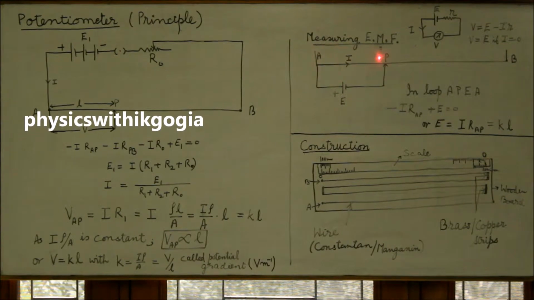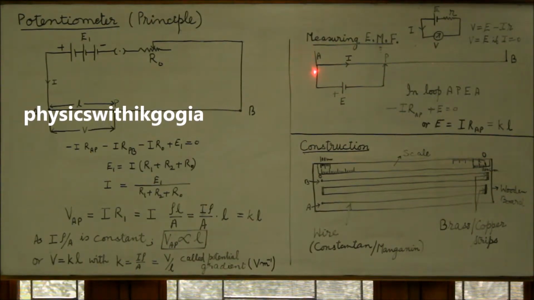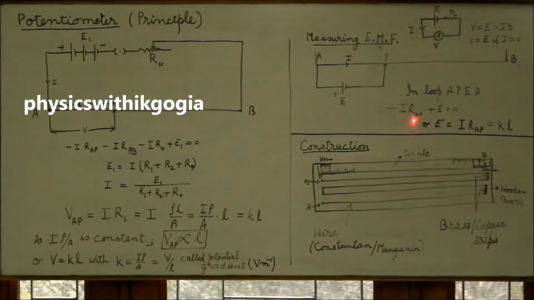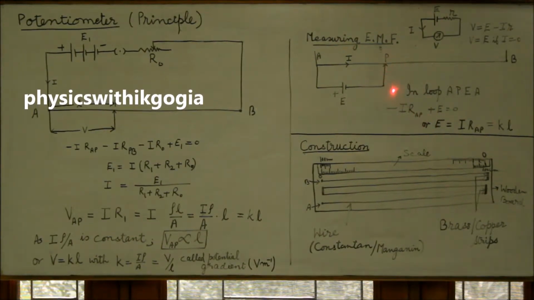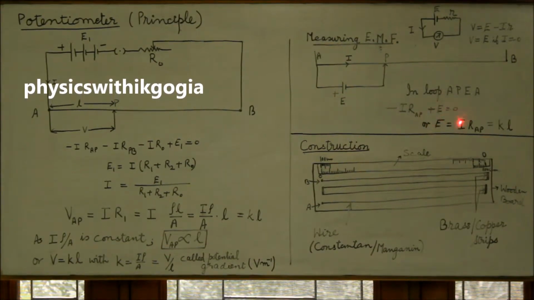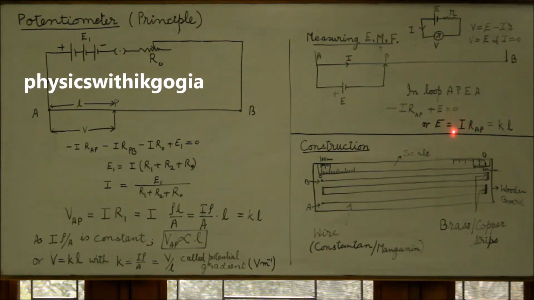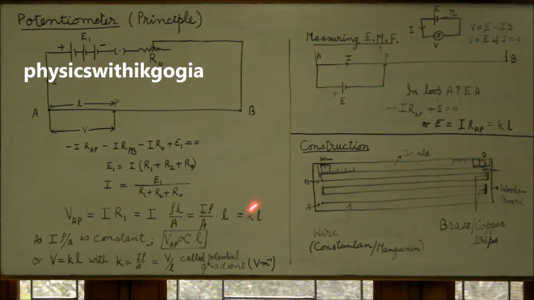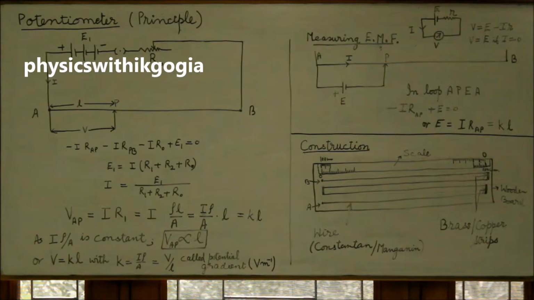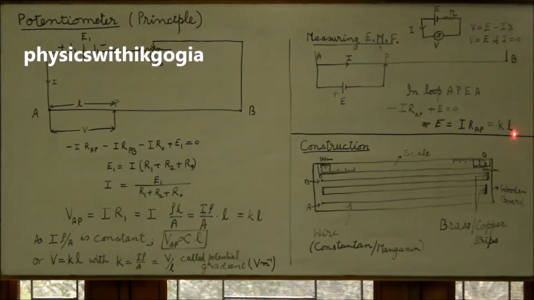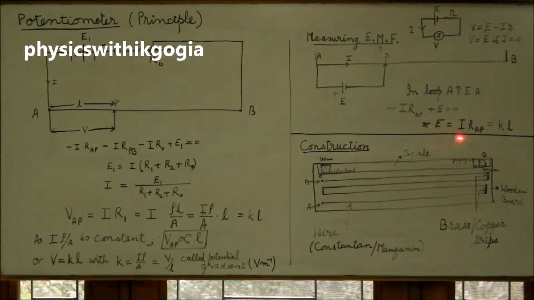Here we are going along the current, so the product IR will be negative, minus I RAP. And here we are going from negative to positive, so EMF will be taken as positive. So you get this equation, or E equal to I RAP, which is also KL according to this equation. So knowing K and measuring L, you can get the EMF.